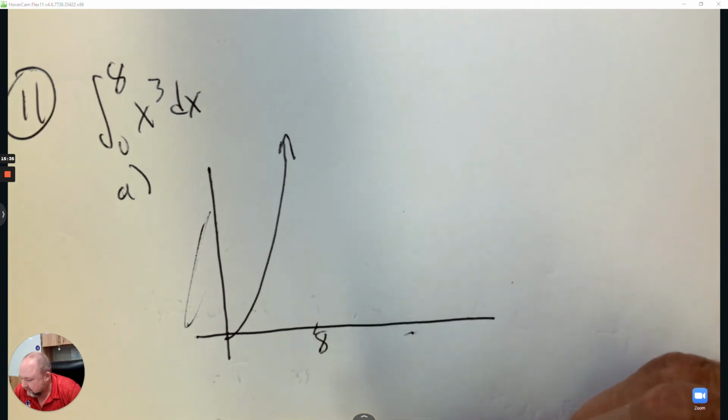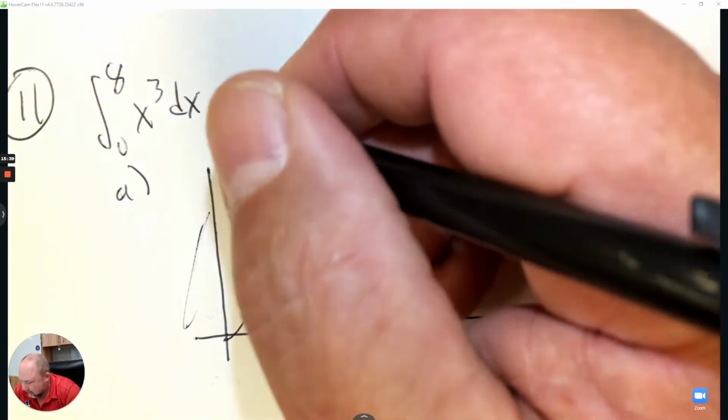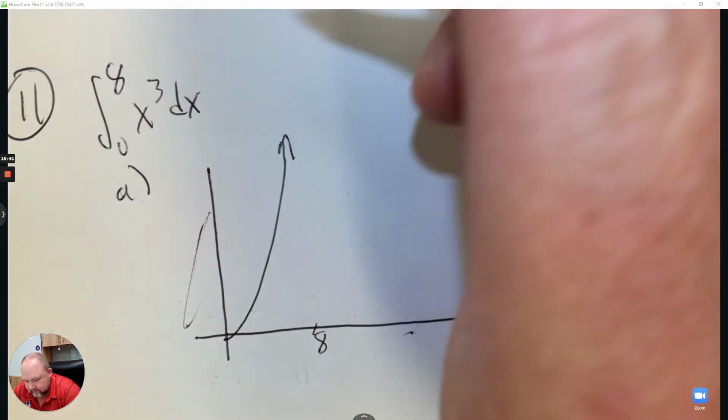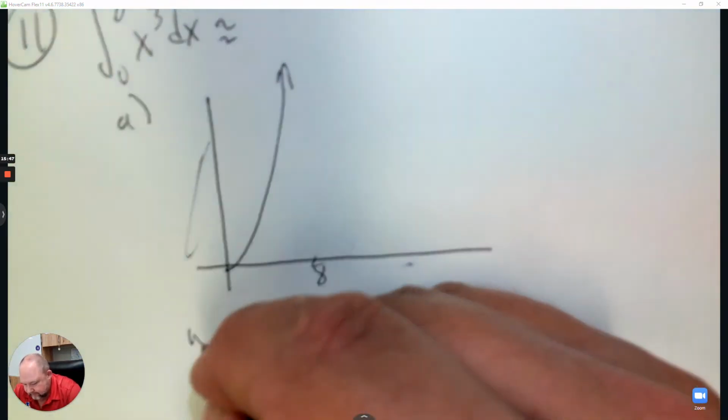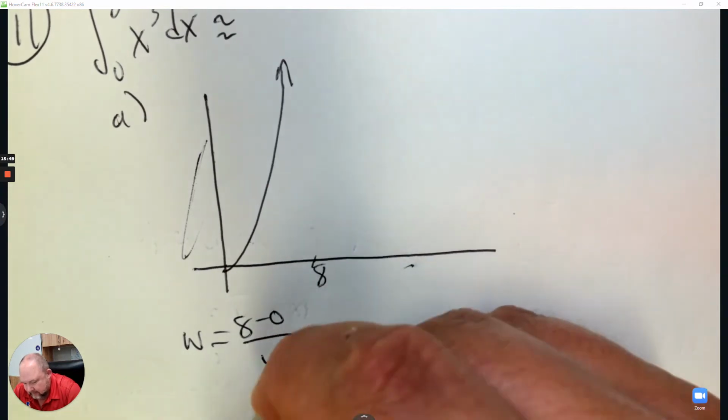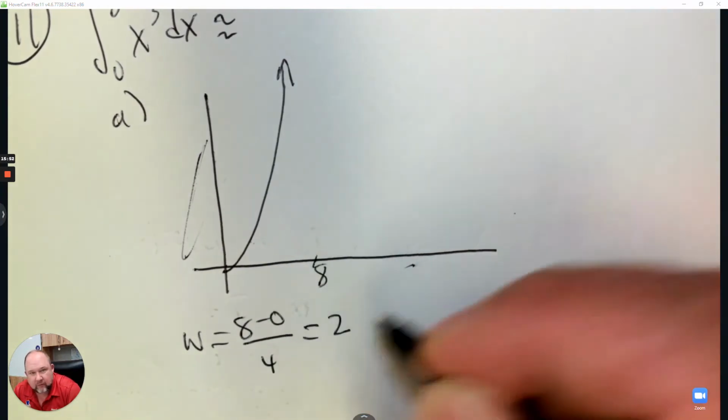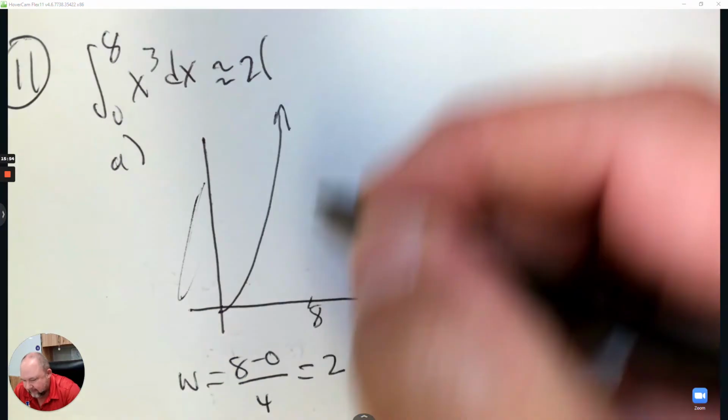So first it says n equals 4. The setup of that would be, first find the width. It would be the top subtract the bottom divided by 4. So the width of each rectangle would be 2.